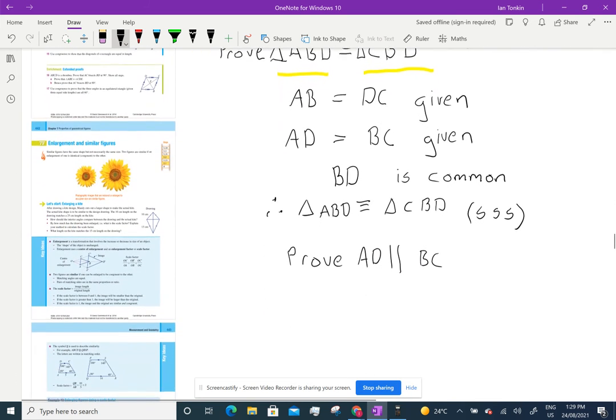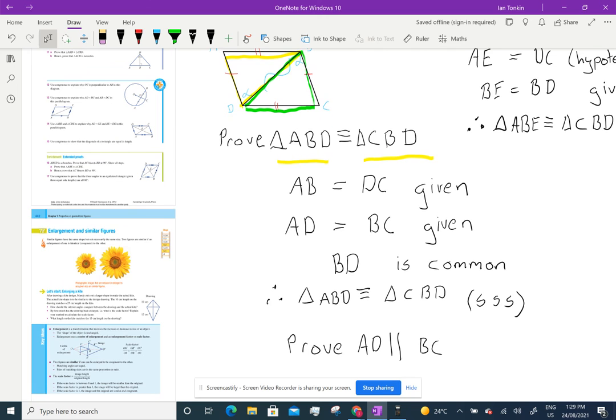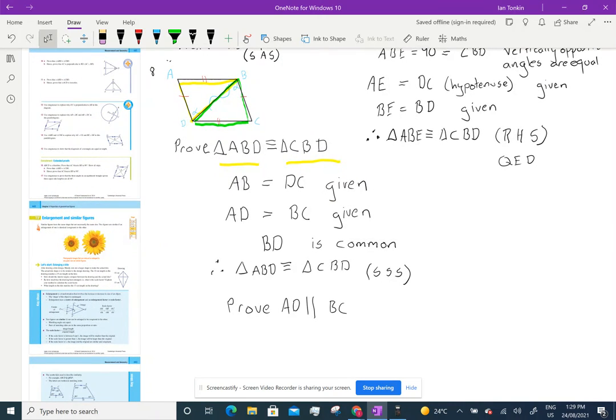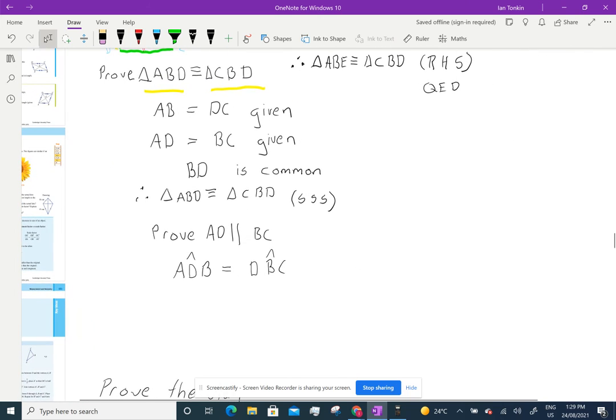So here we go. Well, and I have to use the right symbols. Angle ADB equals angle DBC. Why? Because they're corresponding. They are in the same position, angles in congruent triangles.